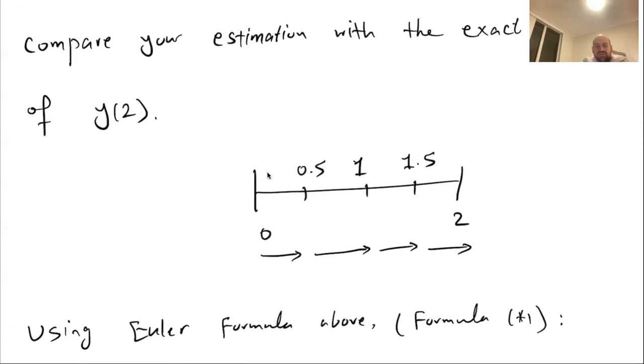So we started from here using this starting point. We found the estimation for y of 0.5. Now that we have the estimation for y of 0.5, this is our new starting point. So forget about the original starting point. Now we have to use this new starting point to find the estimation for the next point, which is y of 1.